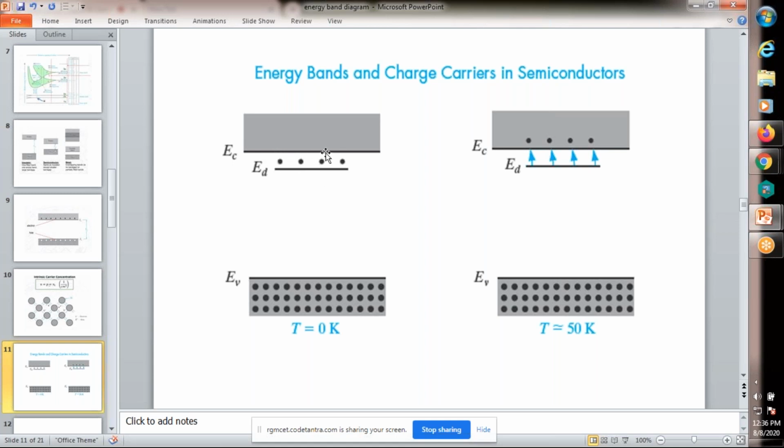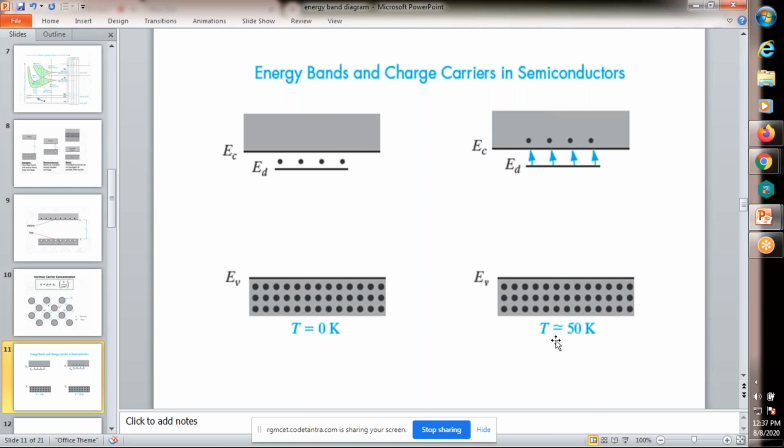This is the extra electron, and its energy state is very close to the conduction band. At 0 degree Kelvin, observe here, the valency band is completely filled and the conduction band is completely empty. But near the conduction band, some electrons are available, because we introduced the doping concept. Due to this N-type material, there are more electrons near the conduction band.